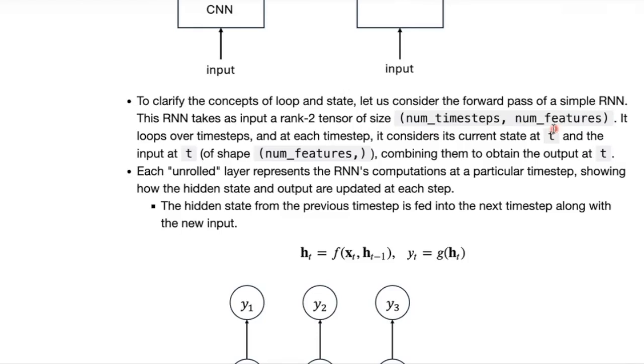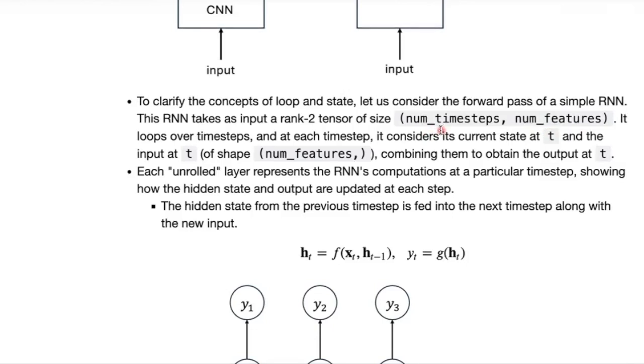In the MNIST data set, each image is 28 by 28, and if we vectorize this, we get 28 squared or 784 features. Now if we have at each time step one different image, and let's say we have 100 of them, the size of this would be 100 by 784, right?